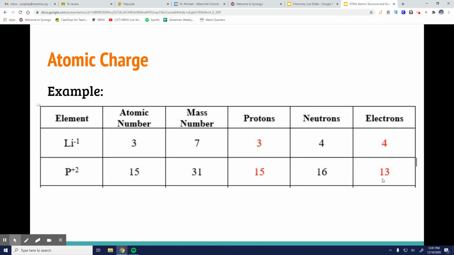Down below, we saw that phosphorus will always have an atomic number of 15, meaning phosphorus will always have 15 protons. But if phosphorus has 2 less electrons, 13 electrons, it would have 2 more protons than electrons, meaning it has a plus 2 positive overall charge.